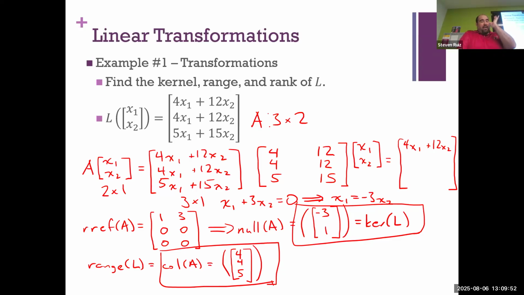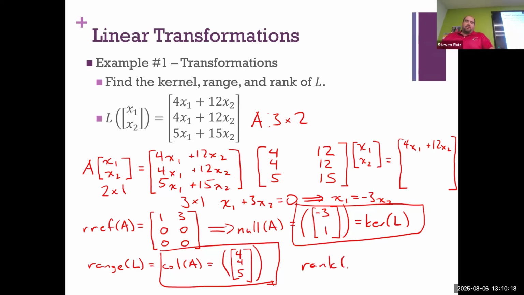What about the rank? I know we've talked about that in terms of matrices, and there's a few different ways to figure out what the rank of a matrix is. What's one of them? Column space or the row space? Specifically, what about the column space or the row space? The dimension. So it's how many vectors make up the basis for those things.